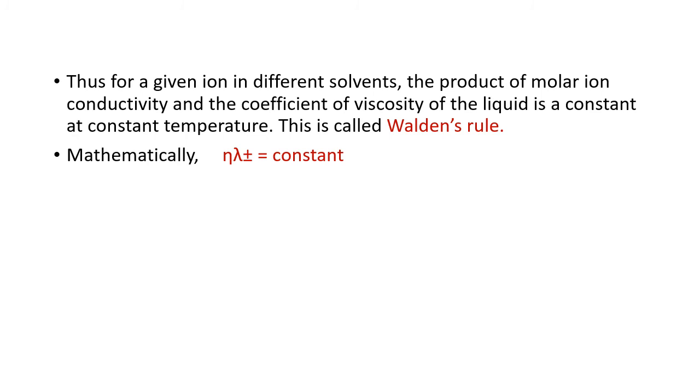So for a given ion in different solvents, the product of molar ion conductivity and the coefficient of viscosity of the liquid is a constant at a given temperature. Or at infinite dilution, you can write this expression as coefficient of viscosity into lambda plus or minus 0 at infinite dilution, that's a constant.